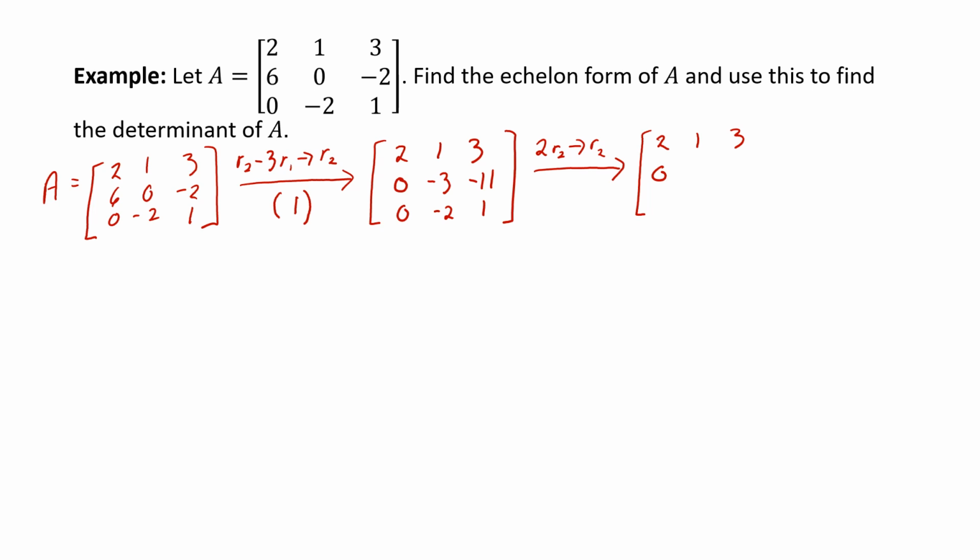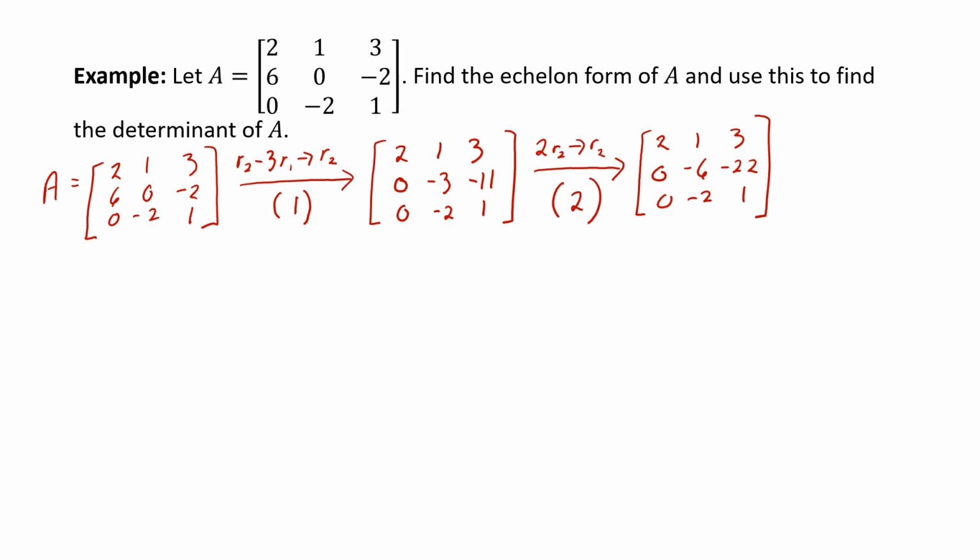This gives me 0, -6, -22, and 0, -2, 1. So what does that have? That has the impact of what I've done here is the second row operation. I've taken a row, multiplied it by a constant. That has the impact of doubling my determinant.